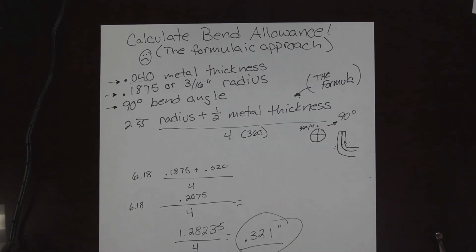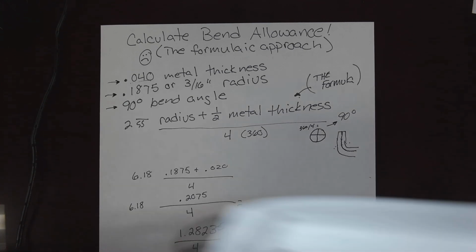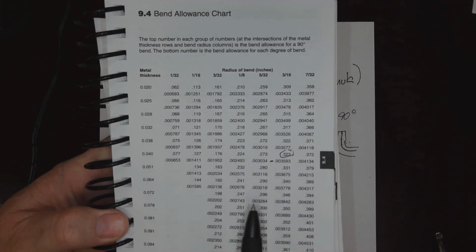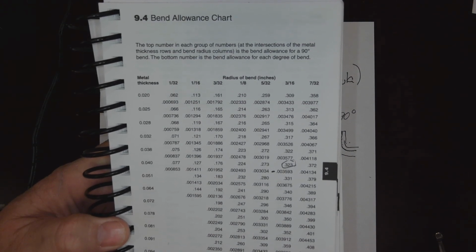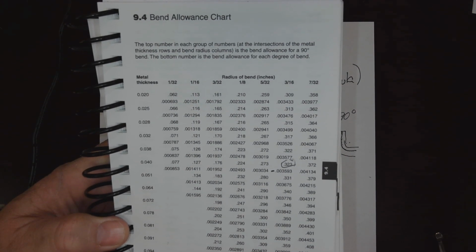You go, well, there's some difference there. Yep, there's 0.002 of an inch of difference, and it has to do with decimals and rounding and calculator use. On the formula charts, like I had just shown you, they have done a lot of long decimal stuff. I rounded some things off, so we're 0.002 apart.